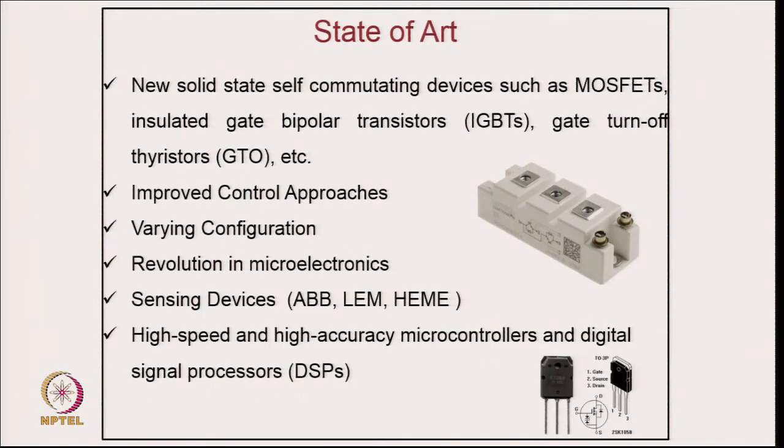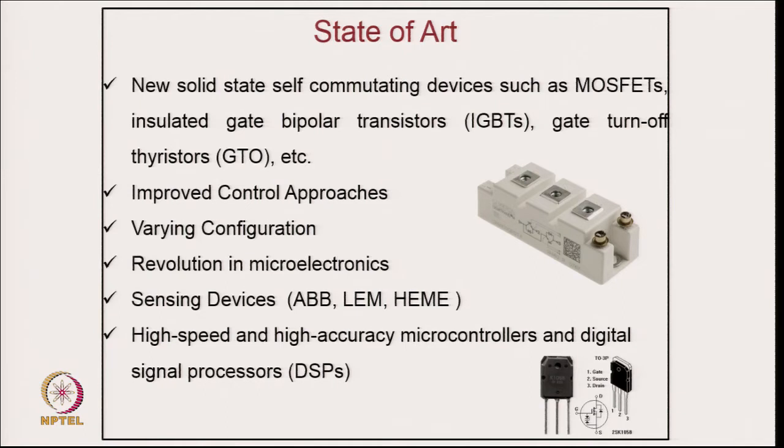Coming to the state of the art of AC-DC converters, new solid state self commutating devices such as MOSFET, IGBT and gate turn-off thyristors are now used. With that, we have to use improved control approaches with varying configurations, and we normally use a DSP or microcontroller, which have come from the revolution of microelectronics.